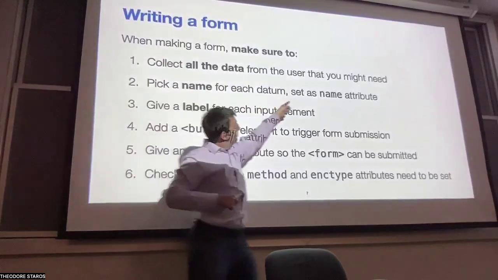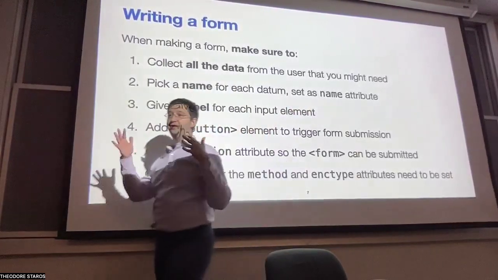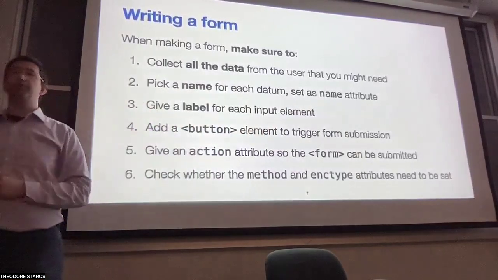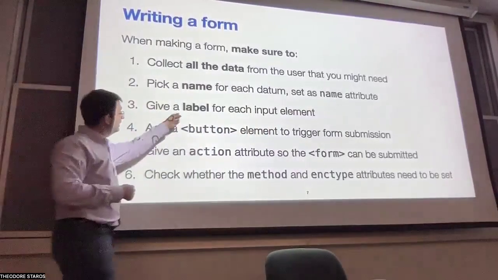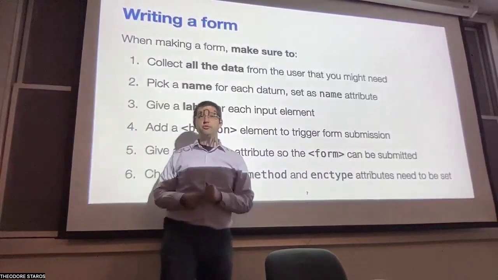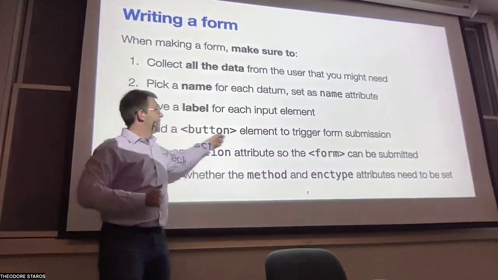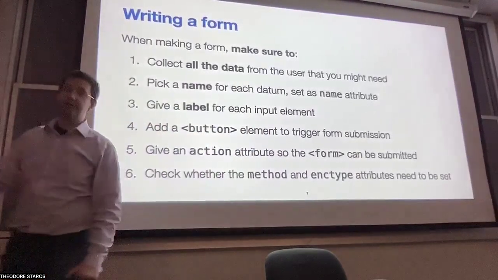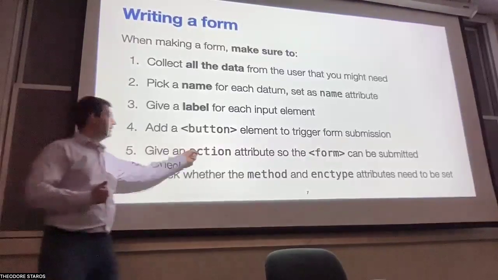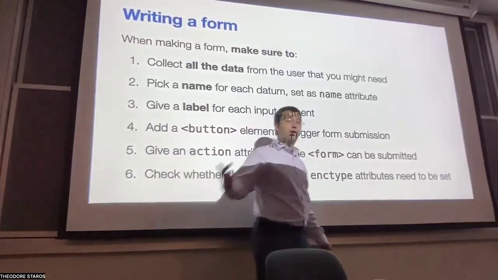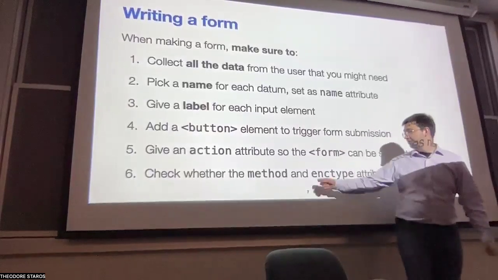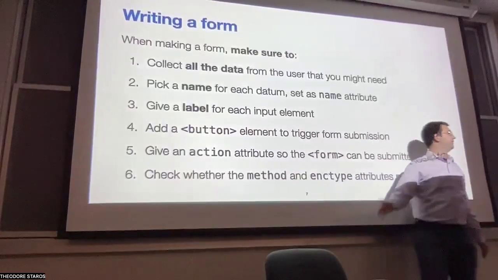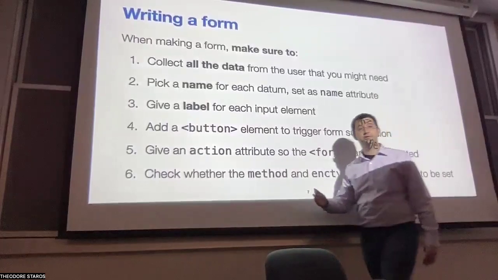Each input element needs a name attribute because that's the key in the key-value pair that the browser sends you. You need a label so the user knows what to type into the field. You need a button because that's what the user clicks to submit the form to your server. You need an action because that's the URL the data will go to. And finally, you need the method that's either going to be GET or POST.